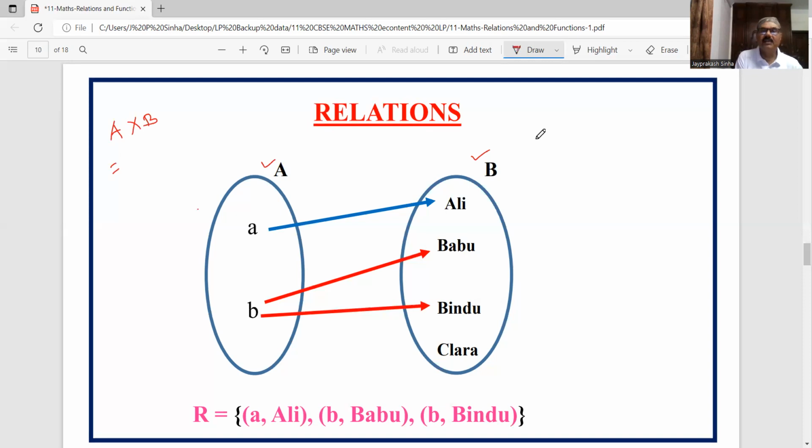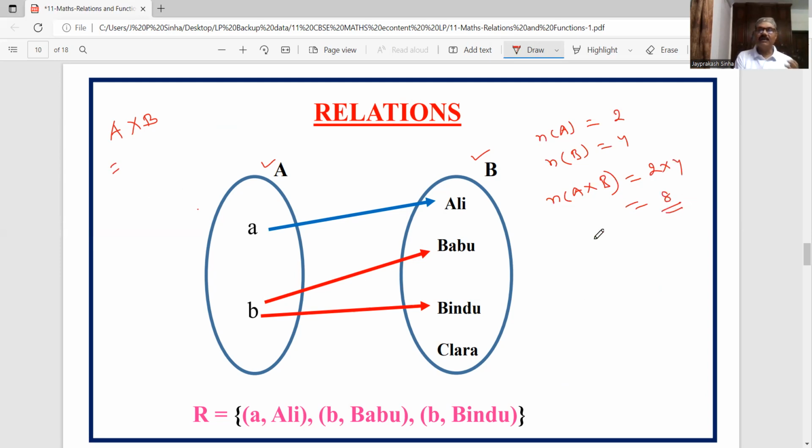So if the number of elements in set A is how many? 2. Number of elements in set B is how many? 4. So in the Cartesian product of two sets from A to B, there will be 2 into 4, that is 8 elements. Correct? So there will be 8 elements.